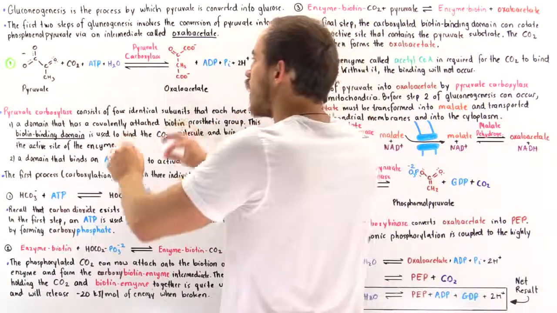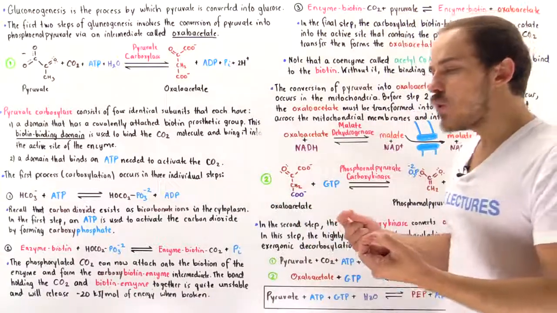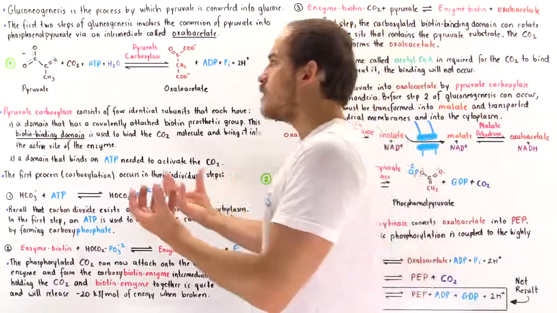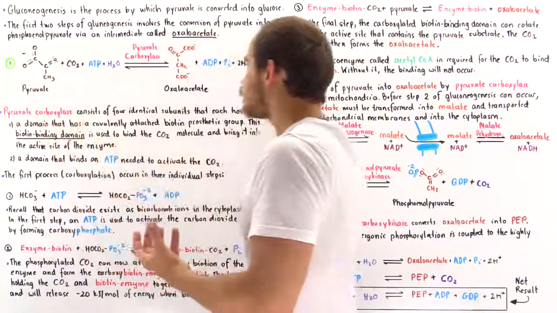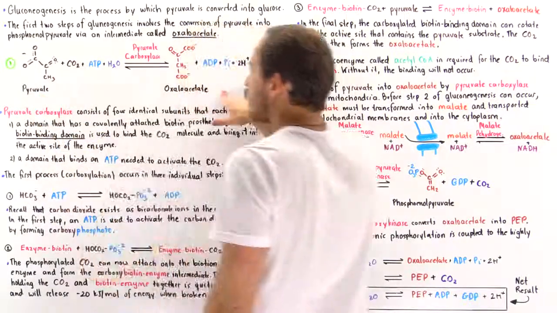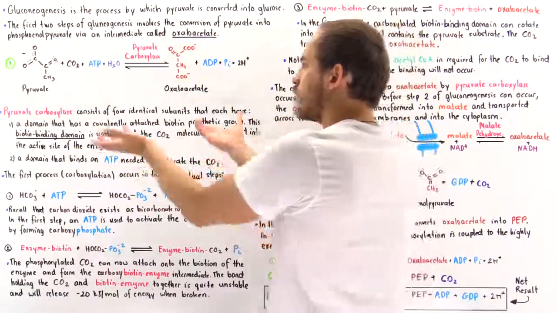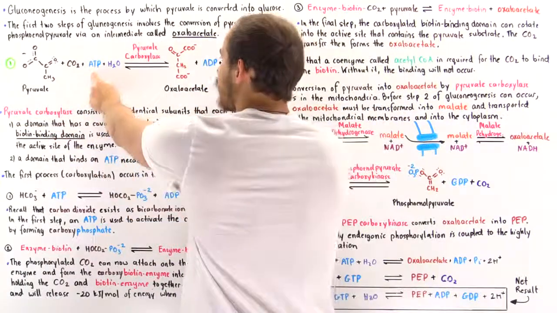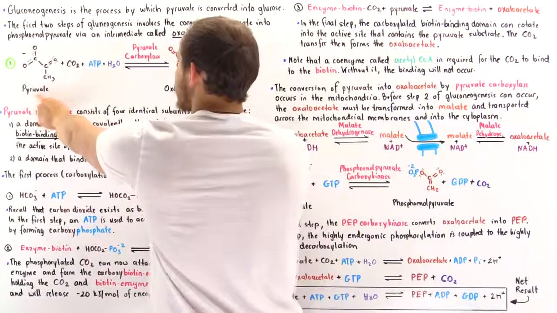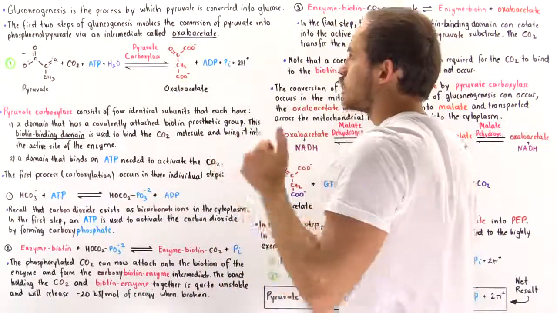And because the hydrolysis of ATP is a highly exergonic process, we use that free energy to couple the endergonic process of carboxylating that pyruvate molecule. So together, the coupling of these two processes, the hydrolysis of ATP and the carboxylation of pyruvate, actually creates a relatively favorable process.